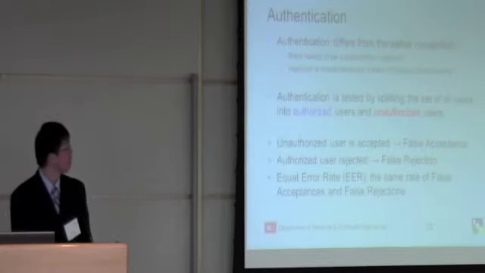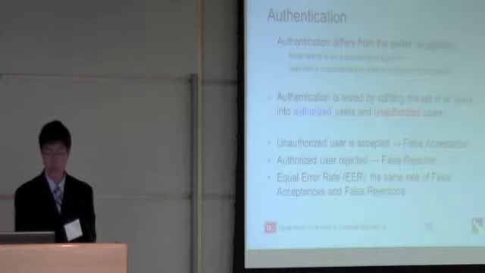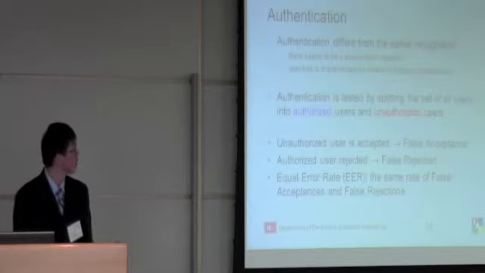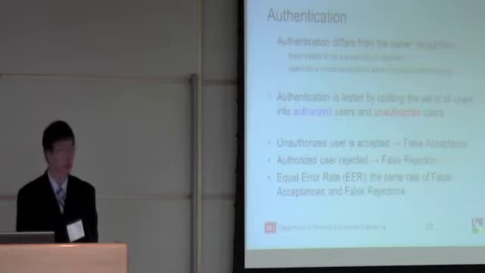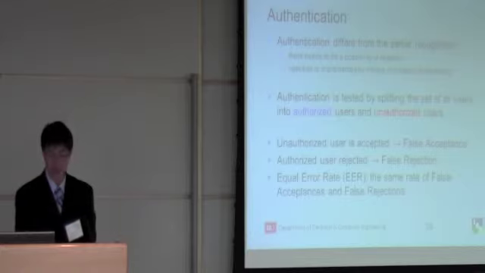To authenticate, there needs to be a possibility to accept and reject, and the rejection is implemented by means of distance thresholding. In our experiment, authentication is tested by splitting the test group into authorized users and unauthorized users.